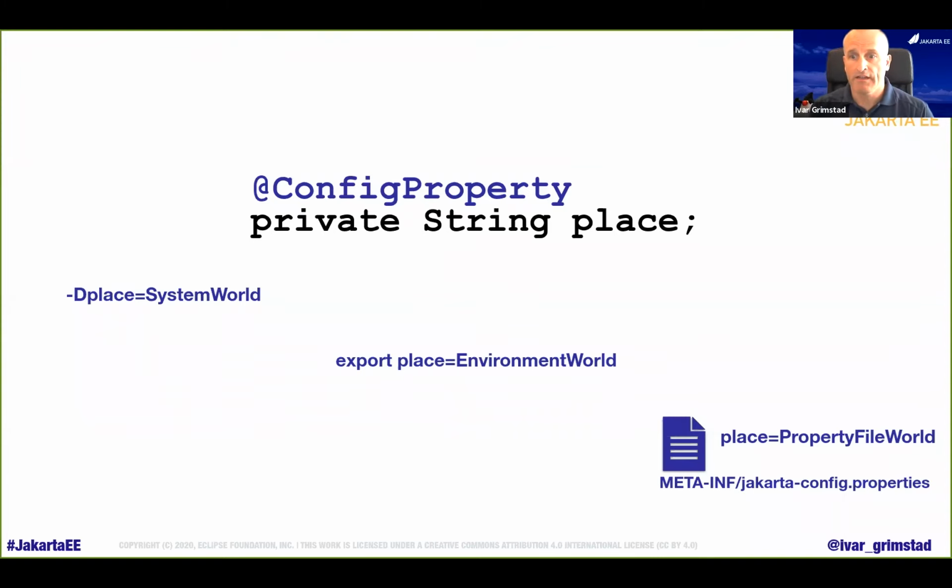And depending on what configurations you have in your environment, if you have a system property where place is set to system world, that is what will be injected. If you don't have that, but you have an environment variable called place, the environment world would be injected. Or if you have a config file in your application, then that property file world will be injected.